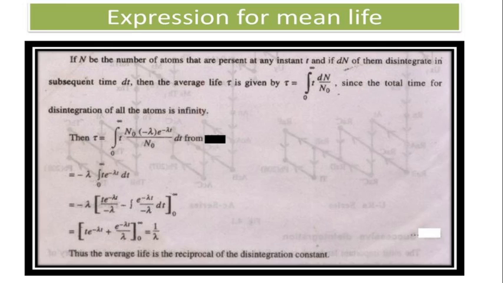We saw the radioactivity of a given sample, that is activity given by R or A, its units, how we defined the decay constant, and the last topic is mean life, which is given as the reciprocal of the disintegration constant. I hope the class is clear to you.